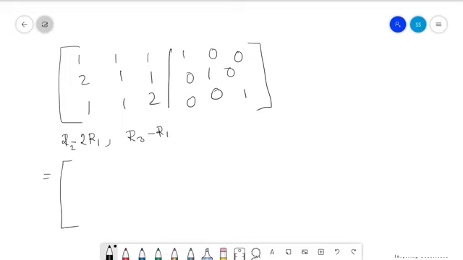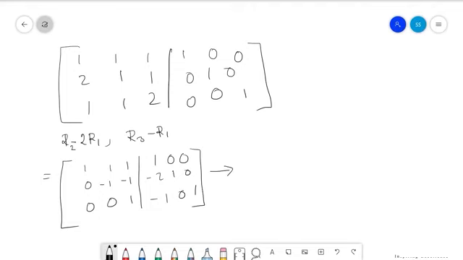If we do that, we will have 1 1 1, 0 minus 1 minus 1, and 0 0 1. And on the augmented side, we will have 1 0 0, minus 2 1 0, minus 1 0 1.